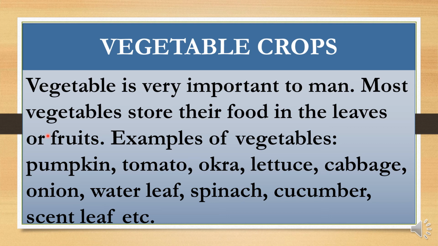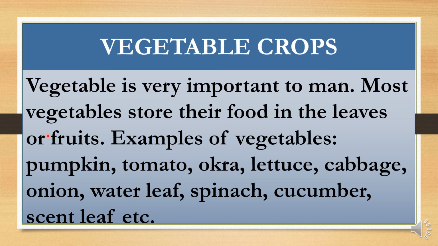They store their food in the leaves or fruits. It could be in fruit form. An example of a vegetable is the pumpkin leaf, the one we call ogo. We eat the leaf, right?